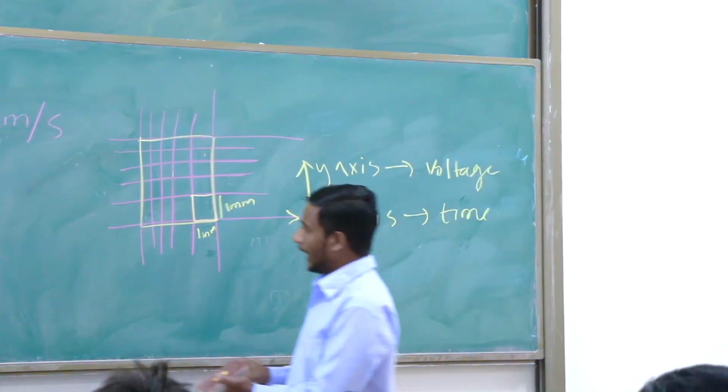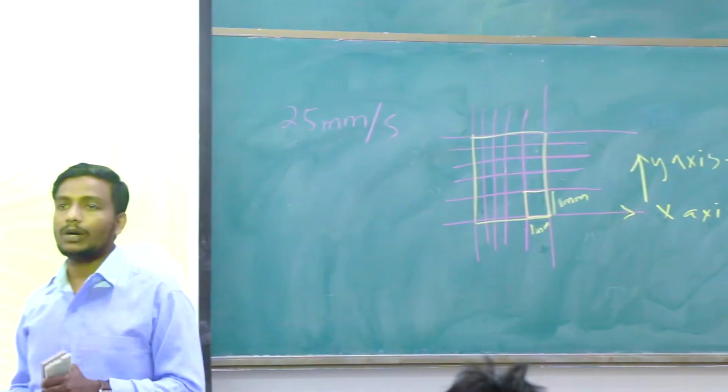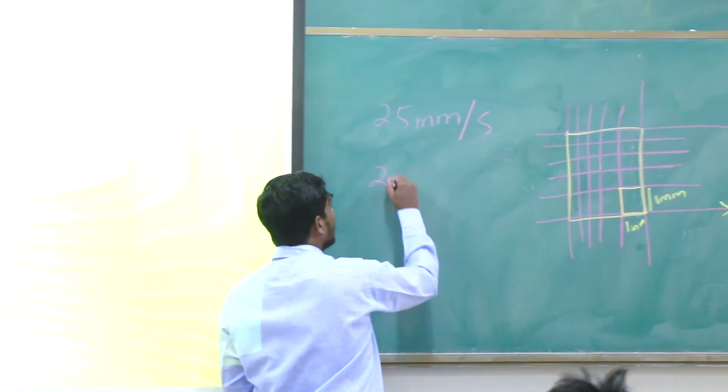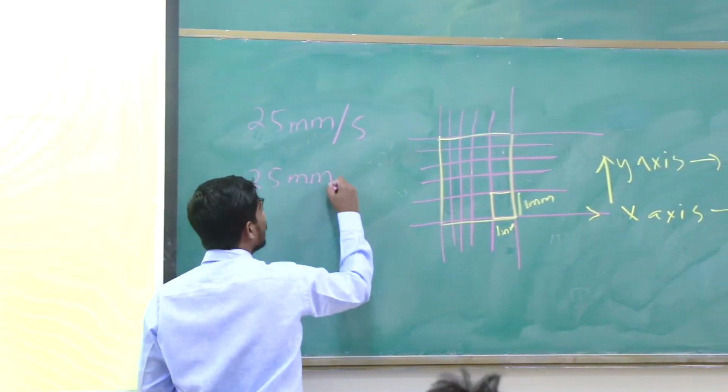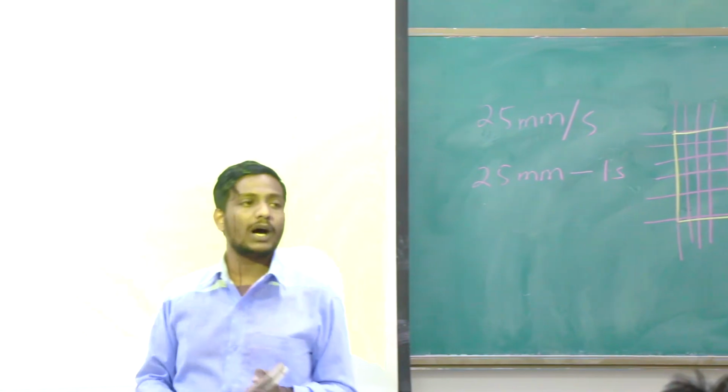Okay, now let's go back here. I told you that your ECG paper has one fixed speed. What is that? 25 millimeter per second. It means 25 millimeters will be moved in 1 second.